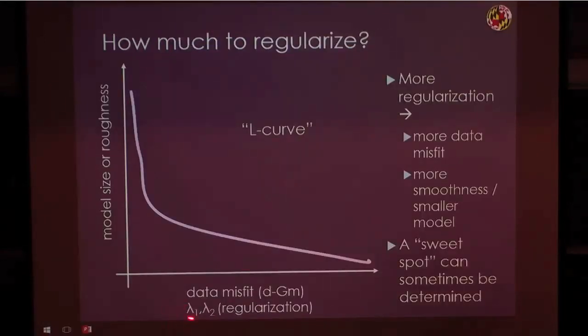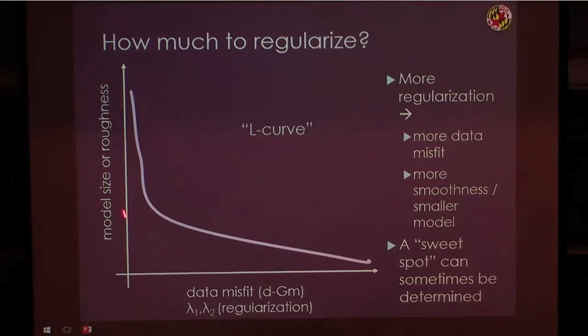So how do you choose how much of this lambda 1 and this lambda 2 to add? Well, often what is done is what's called an L-curve analysis, although this is not always done. The idea is, the more you add these made-up equations, or the more you tell the inversion to care about these equations, the less you're going to be able to fit the data, so your data misfit will grow.